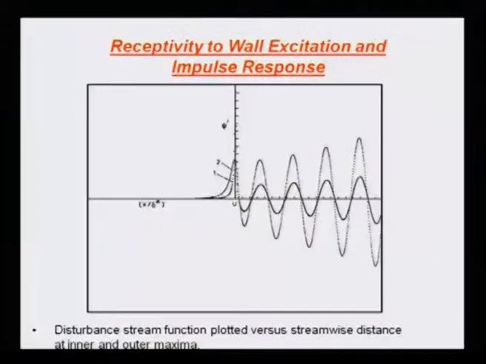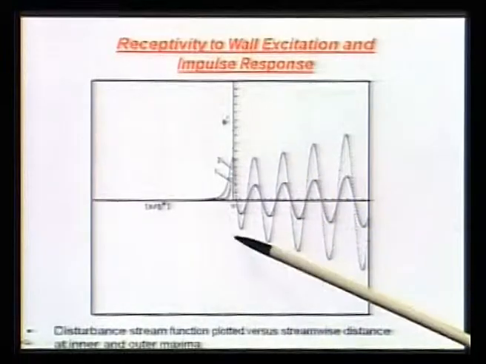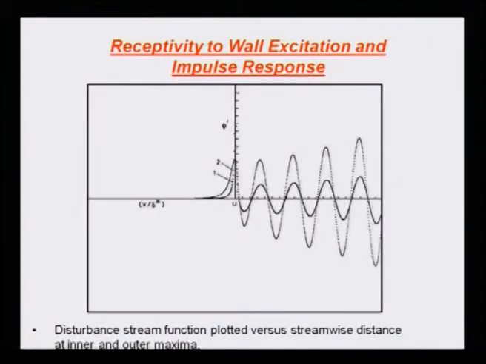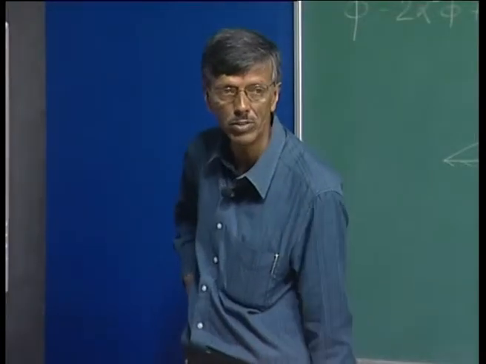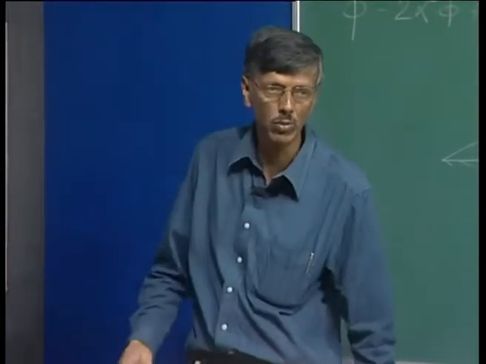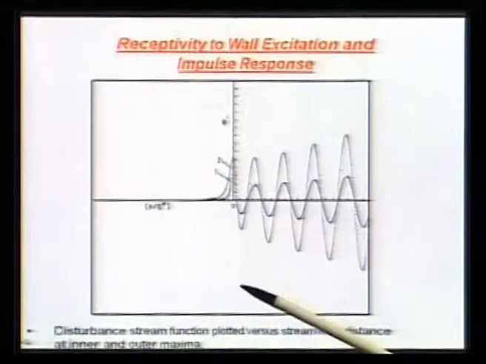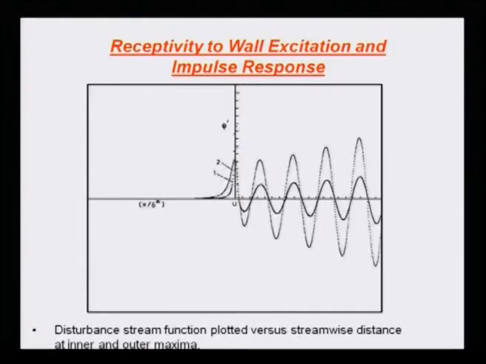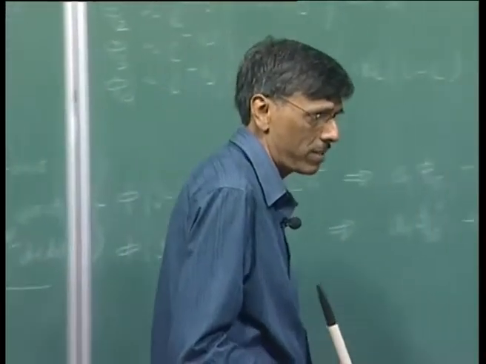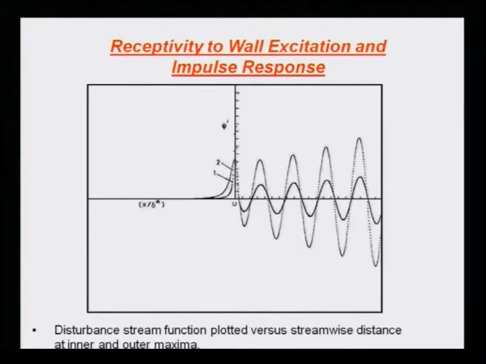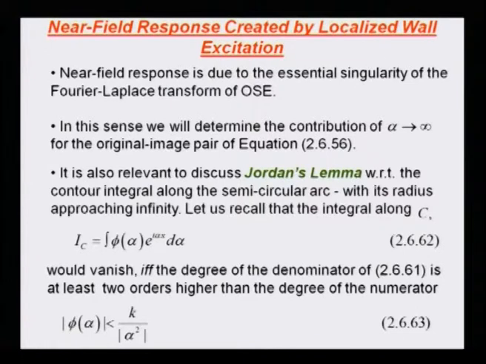Why? Because that is what I told you. In the neighborhood of x equal to 0, the contribution does not only come from the eigenvalues, it comes from alpha going to infinity also. That is what we would expect. So, do understand that the near field has this particular feature which does not reflect what your eigenvalue analysis tells you, and stability theory would never tell you that part.